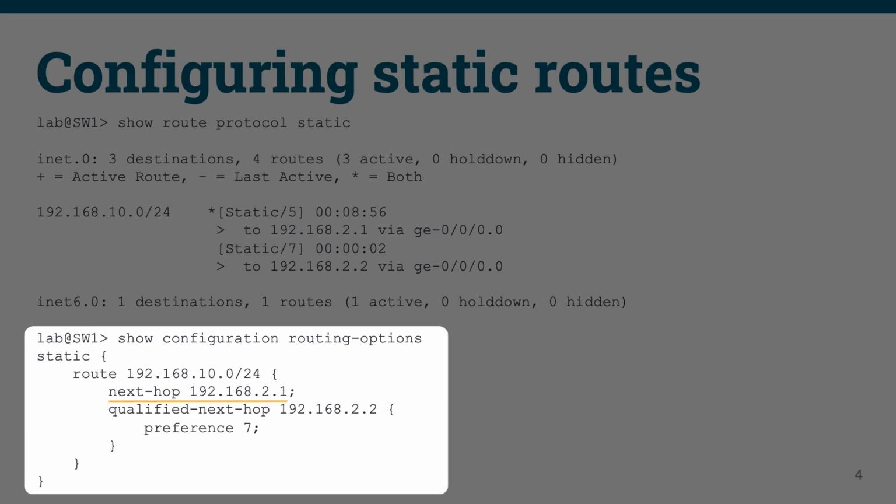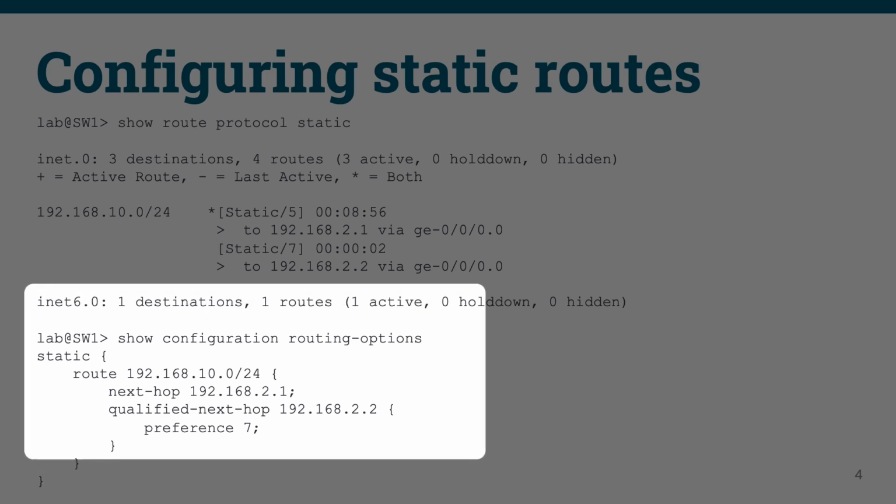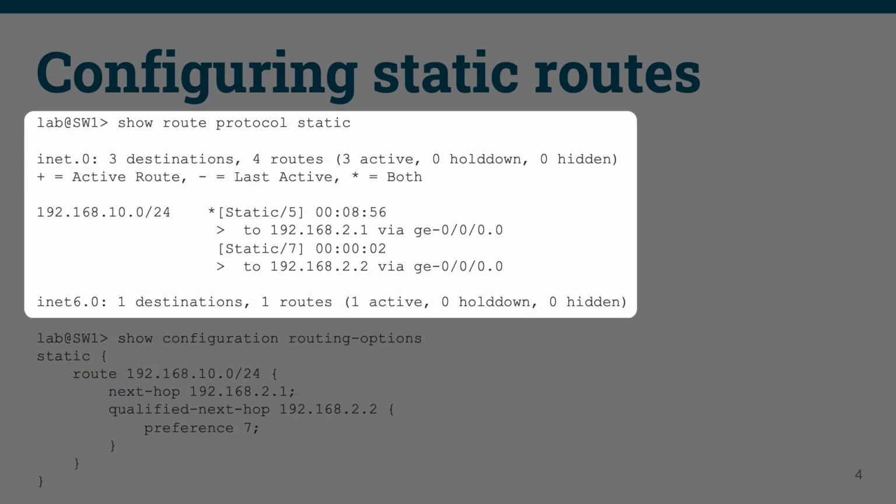We have the primary next hop configuration shown with the next-hop configuration command. Here, we see that we have a qualified next hop configured, along with the preference value. We can see the effect of this configuration in the output above.